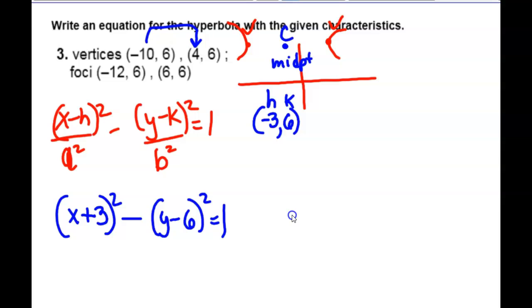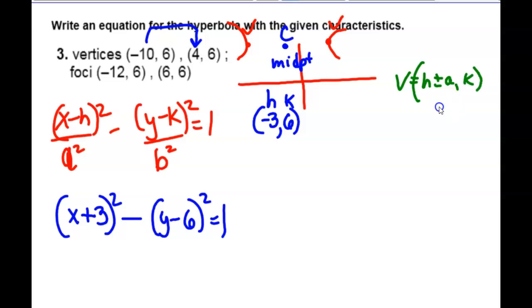Okay, we actually can find A pretty easily. Do you want to use a formula or you don't want to use a formula? The formula would tell you where the vertices are. On a sideways opening one, is it H plus or minus A comma K?